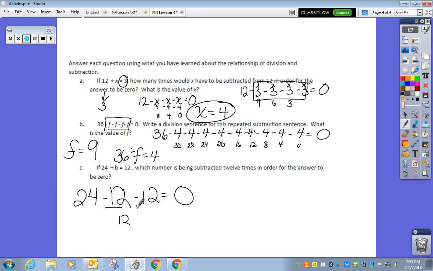So I'm repeatedly subtracting 12 until I get to 0. I see that there are 2 numbers. So what that means is, if I were to subtract 2 12 times from 24, I would get 0. So b is equal to 2.